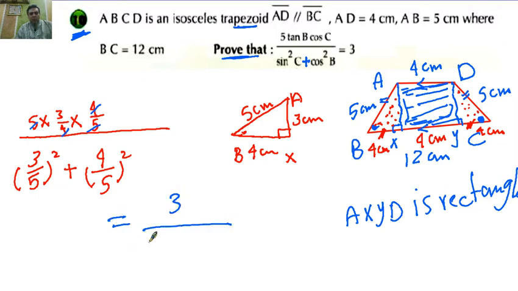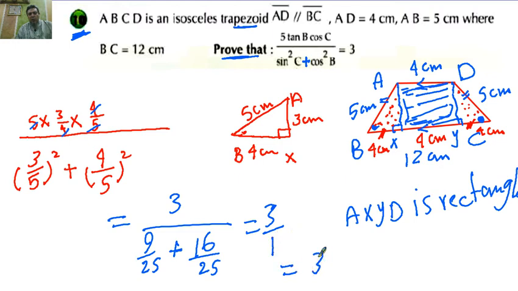The denominator equals 9 over 25 plus 16 over 25, which is 25 over 25 equals 1. Then the result equals 3 over 1 equals 3.